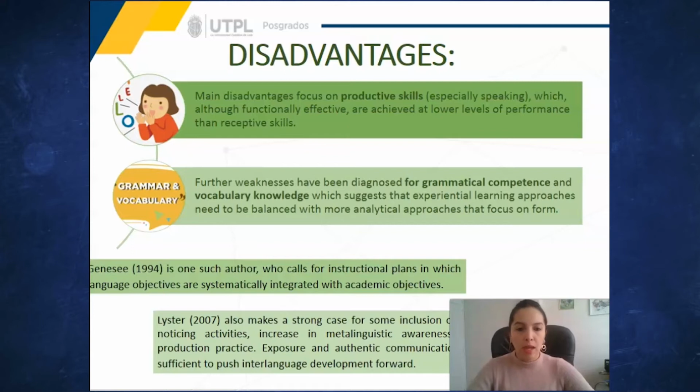Additional weaknesses have been diagnosed for grammatical competence and vocabulary knowledge also. This suggests that the experiential learning approaches need to be balanced with more analytical approaches and a focus on form also.